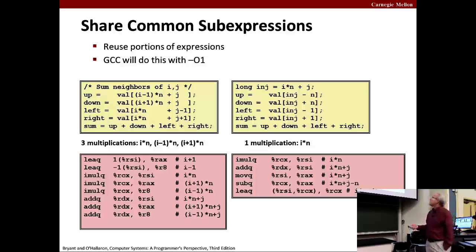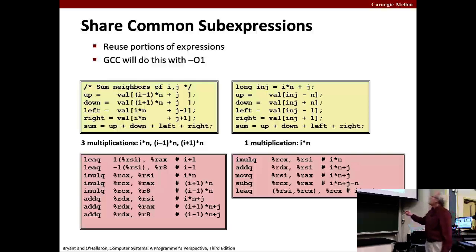Another example, and again, array indexing is a good example for optimizations. Imagine we had an image that we represent as a two-dimensional array of pixel values. And we want to do a filtering operation where we take the sum of the 4 neighbors of a given pixel, north, south, east, and west, and average those together, or sum them together.